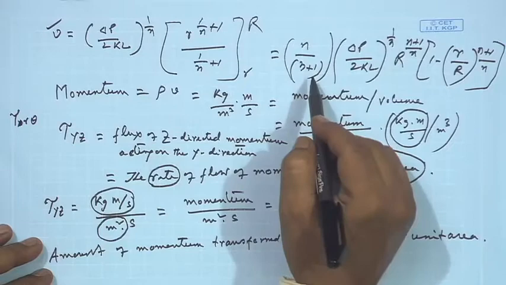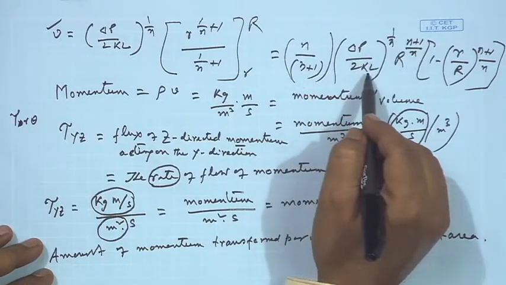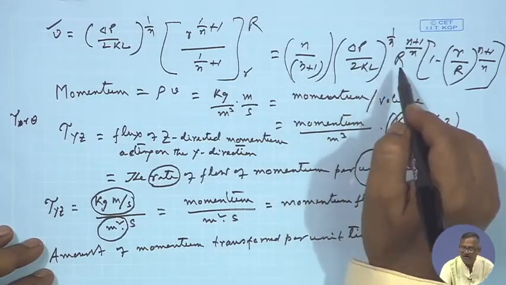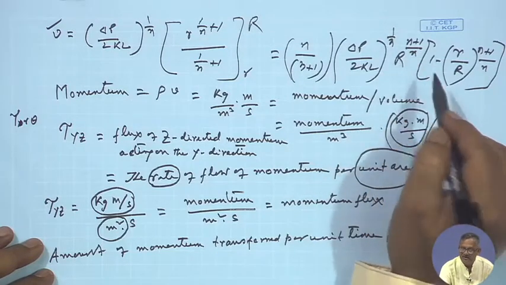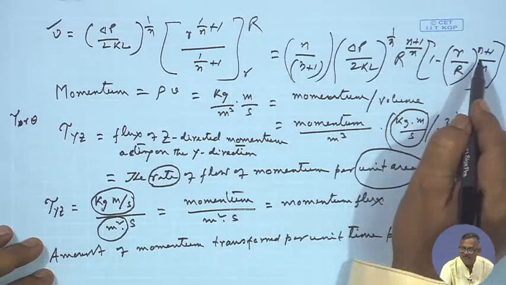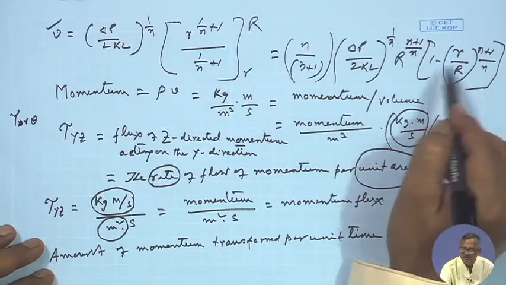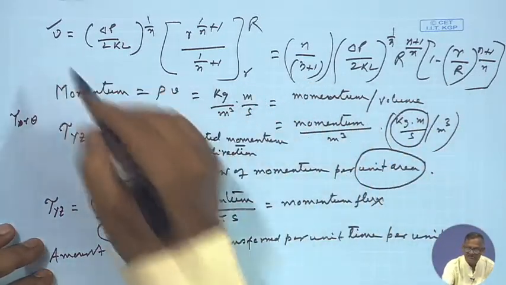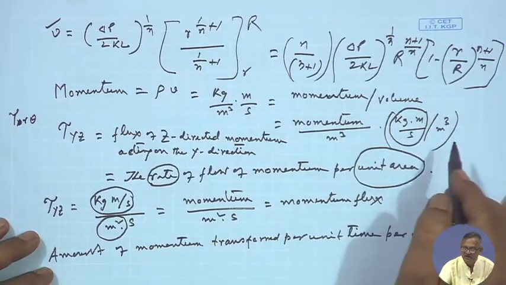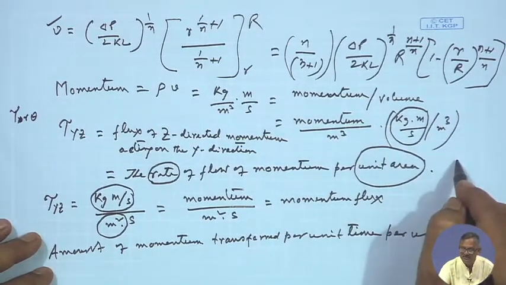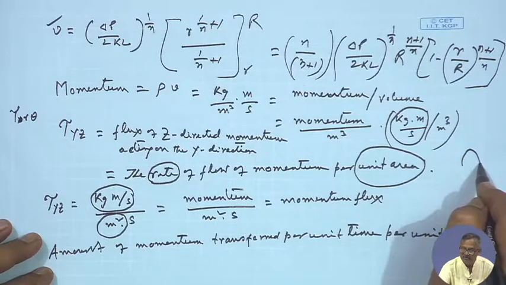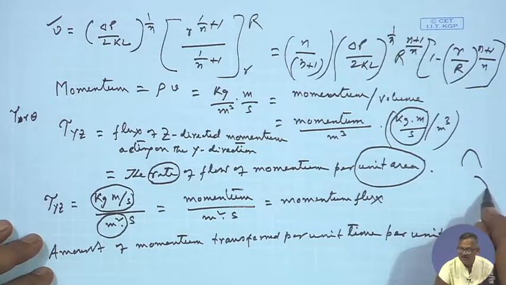Now, from this expression for V which we developed, V is equal to n by n plus 1 into (delta p by 2 k L) to the power 1 by n, R to the power n plus 1 by n into 1 minus r by R to the power n plus 1 by n. So, this tells us that the velocity profile is something like parabolic, parabolic in nature depending on in which direction you are taking.